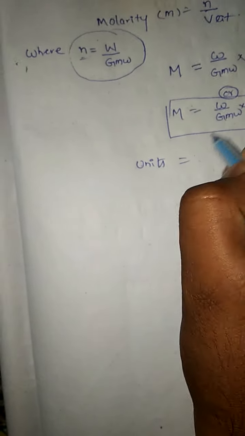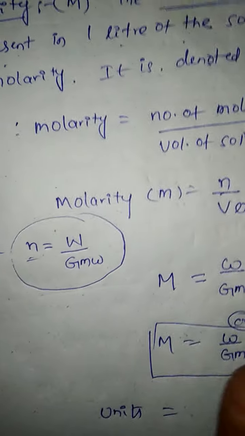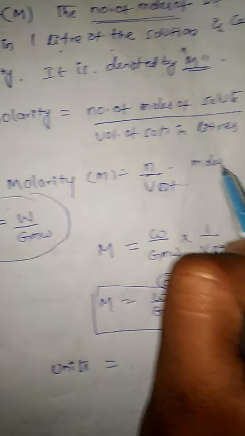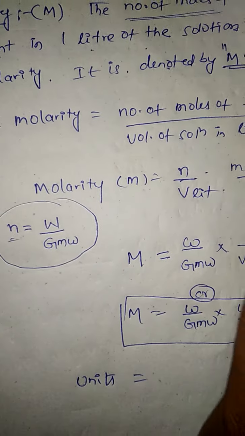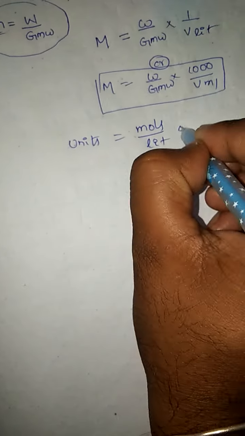So this is molarity. What are the units of molarity? Units equal to number of moles, N, per volume in liters. So units are moles per liter or molar.